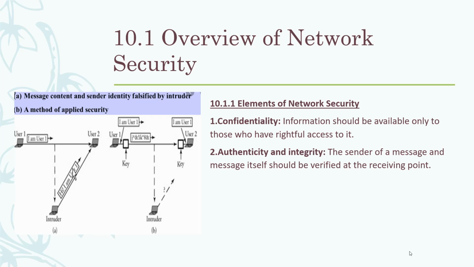So you can see the message I am user 1, with the help of the key, is converted to a different form which cannot be understood or altered by the intruder. So only the intended recipient with the key will be able to receive the data.